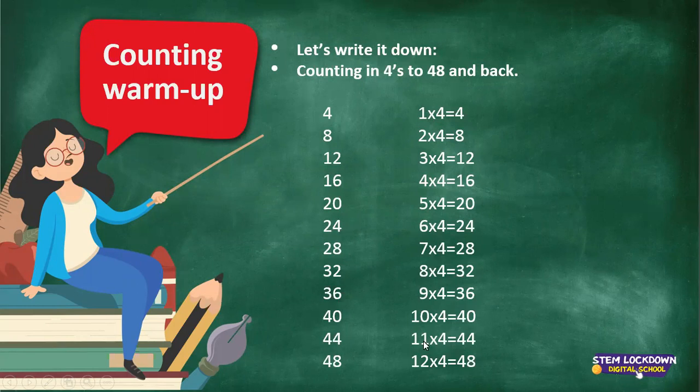And 12 times 4 equals 48. Knowing your 4 times table, if you can count in fours, it is easy to learn your 4 times table. Right. We move on.